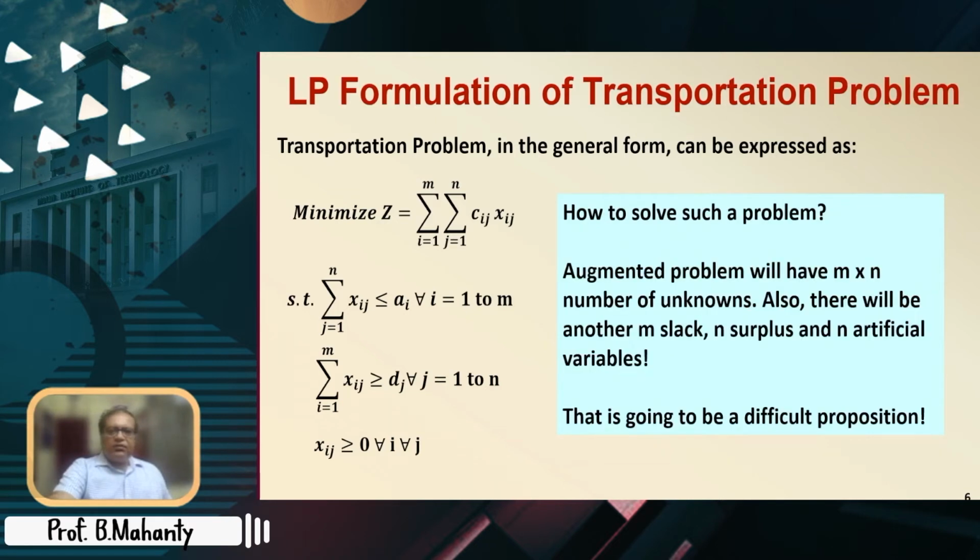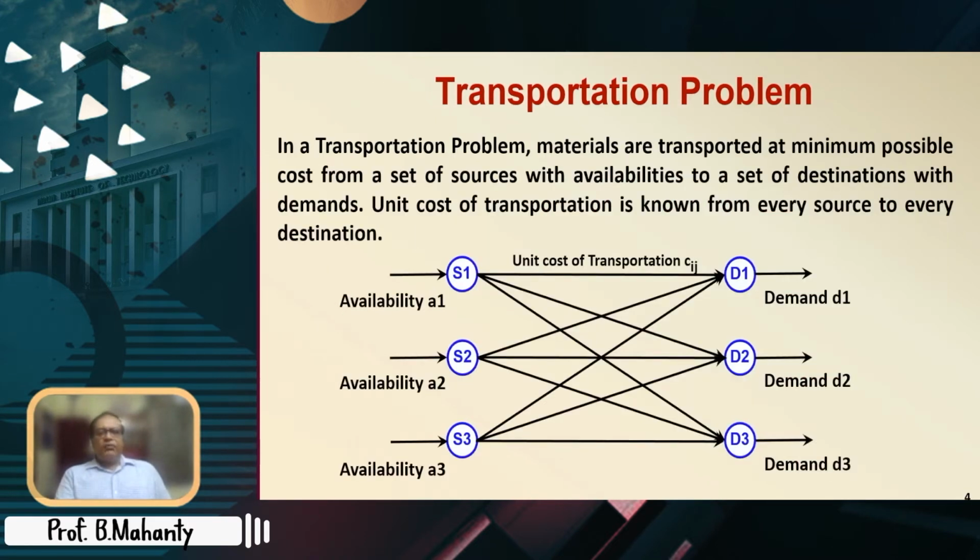Just look at this diagram, suppose this is 40, 20, 100, and these are 30, 30, 40. If everything is less than 40, 40, 20, then the total should be less than 100. So if the total is less than 100 and this side is also 100, how can the total be more than 100? That is not possible.